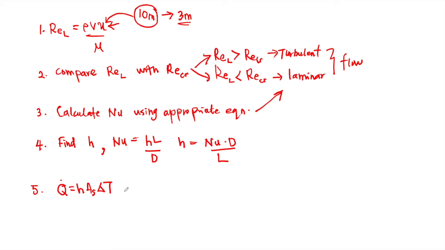Therefore, the equation used is convection. This is not conduction, this is the convection heat transfer mechanism. That's why the equation that we use to determine the rate of heat transfer comes from the convection equation.